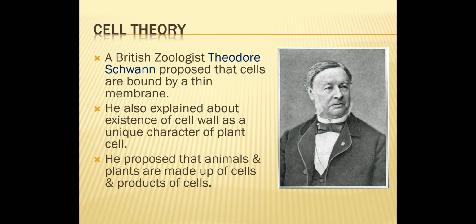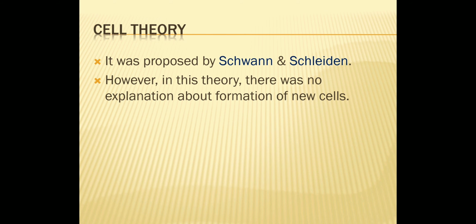Now, on the basis of his observation, he proposed that animals and plants are made up of cells and products of cells. Both these scientists explained that plants and animals are made up of cells. So we call this cell theory. However, in this theory, there was no explanation about the formation of new cells.